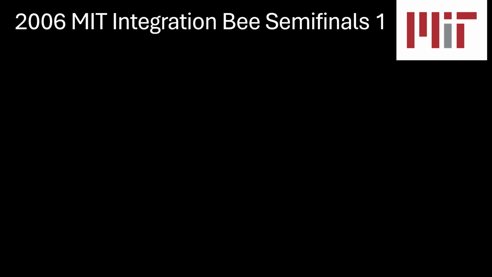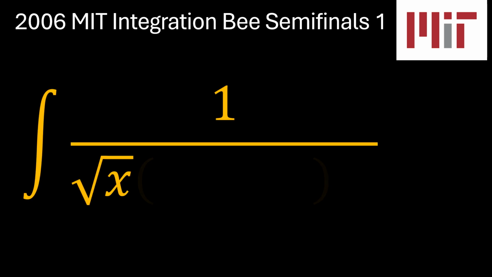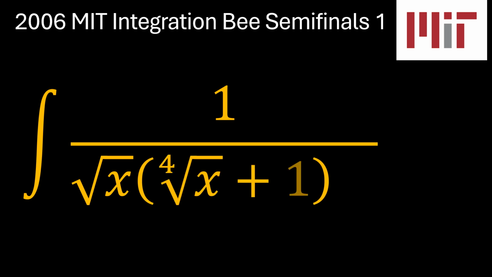So problem number 6 of semifinals number 1 of the 2006 MIT Integration Bee was the indefinite integral of 1 over the square root of x times the fourth root of x plus 1, to the power 10. Looks a little bit intimidating, but it's actually a very simple problem.